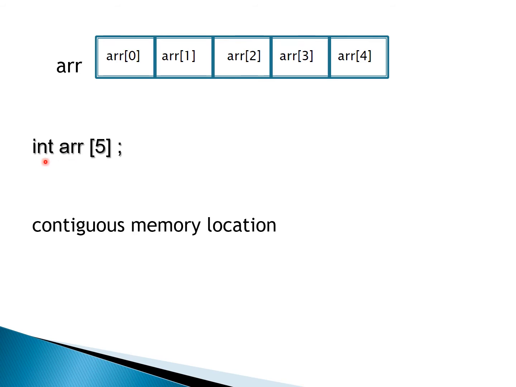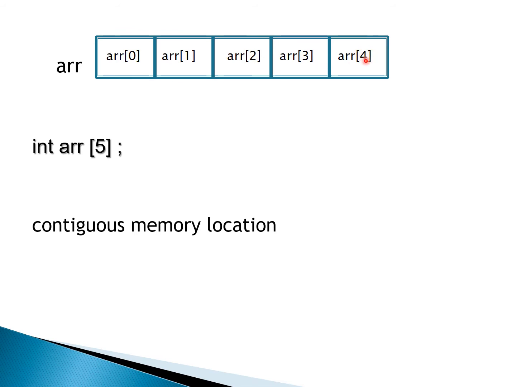For this array, the name of the array is ARR, the type is integer, and we have 5 variables, and we know that those 5 integer variables will be stored in contiguous memory locations. This is the first variable belonging to this array, second integer, third integer, fourth integer, fifth integer.